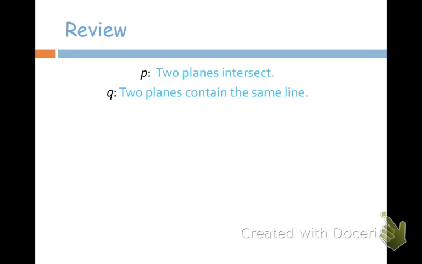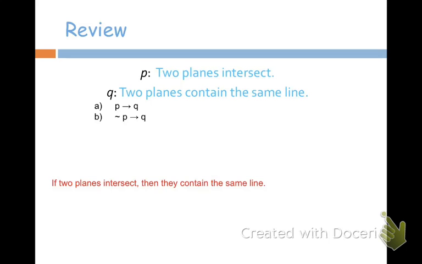To review some vocabulary here, statement P will consider the example: two planes intersect. Statement Q is: two planes contain the same line. The notation here is that P implies Q, or if P, then Q. So we can write that as if two planes intersect, then they contain the same line.